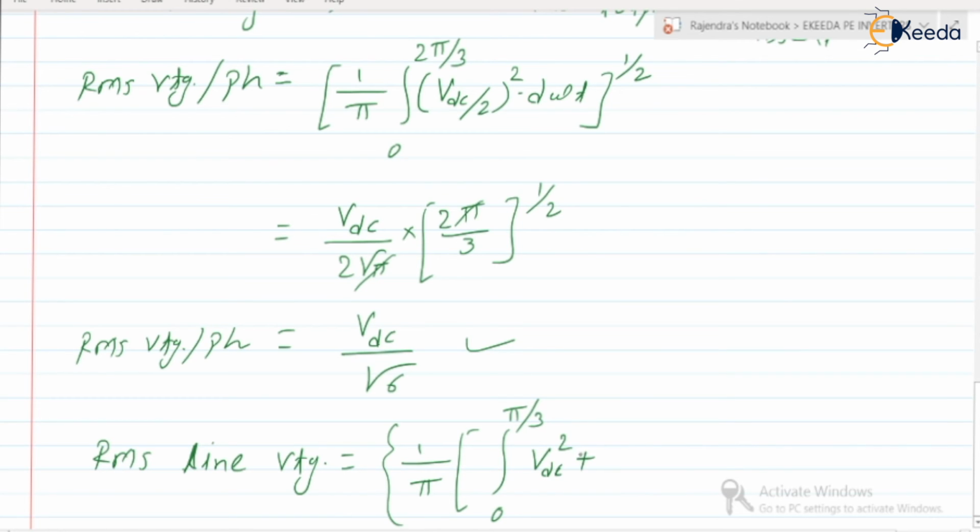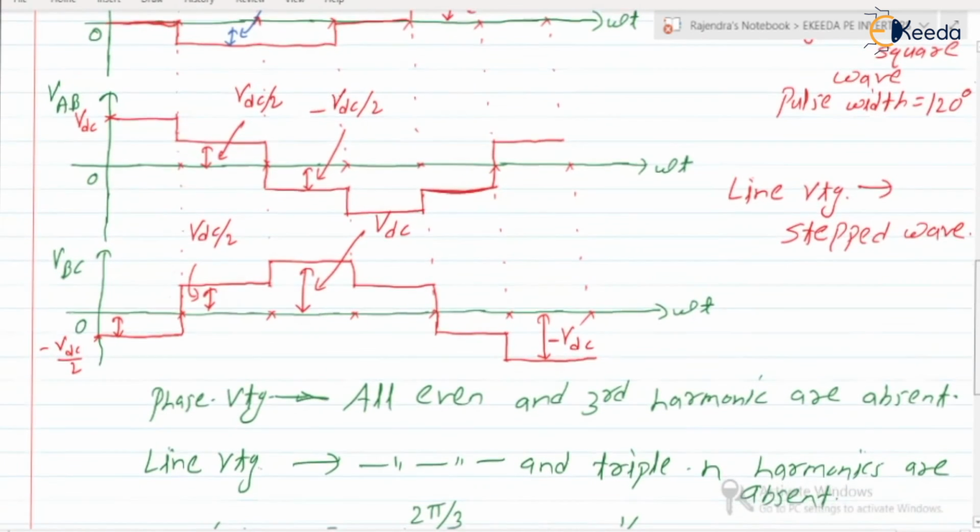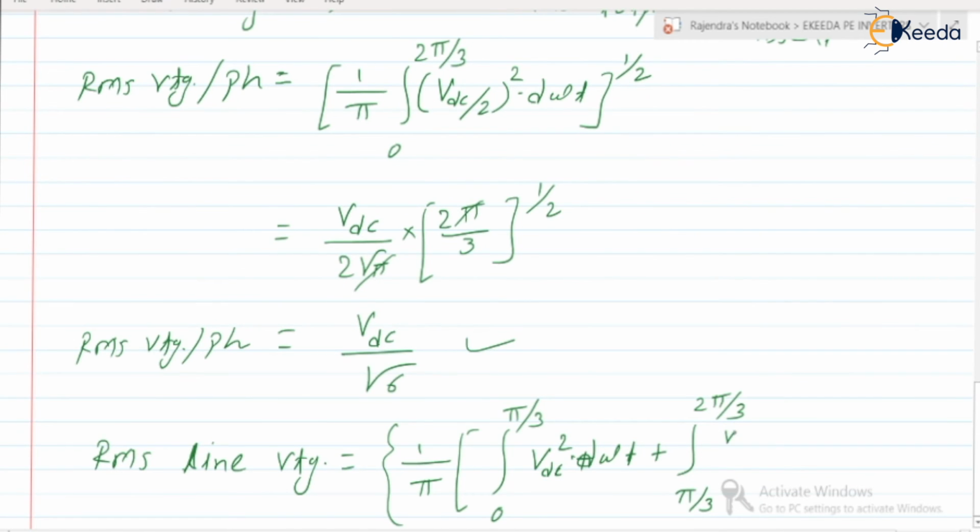Okay, plus integration from pi by 3 to 2 pi by 3 of (VDC by 2) squared d omega t, plus integration from 2 pi by 3 to pi.